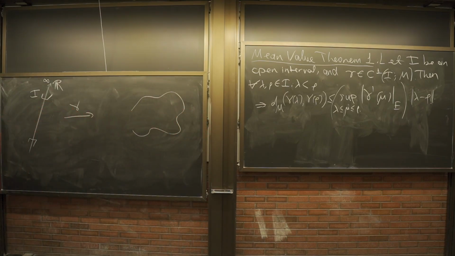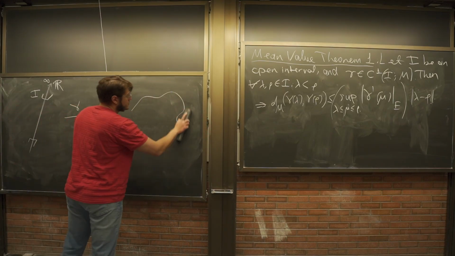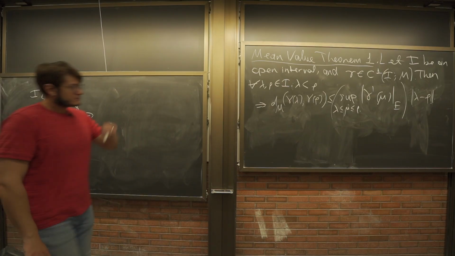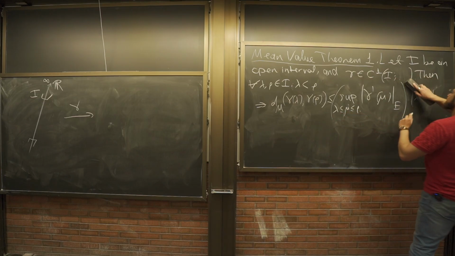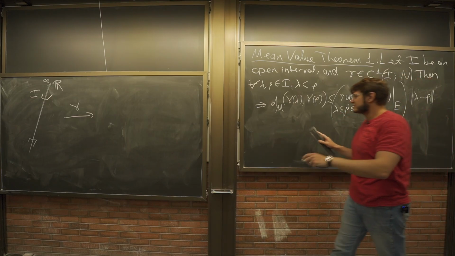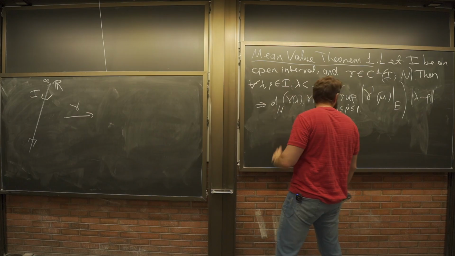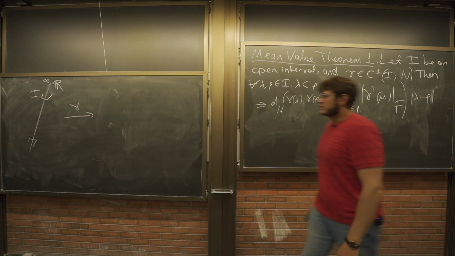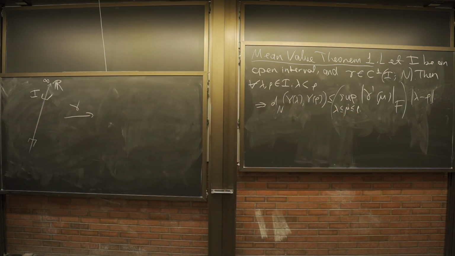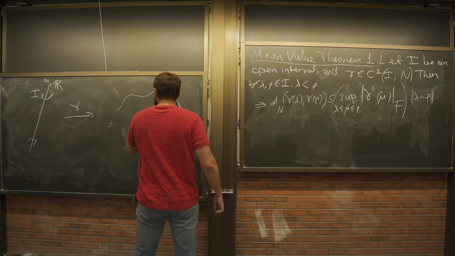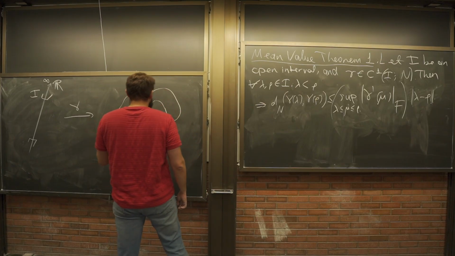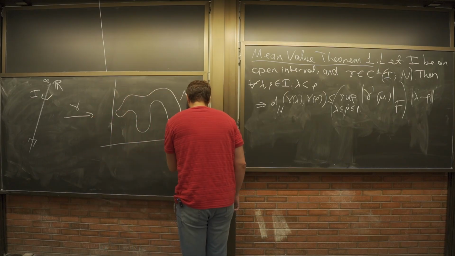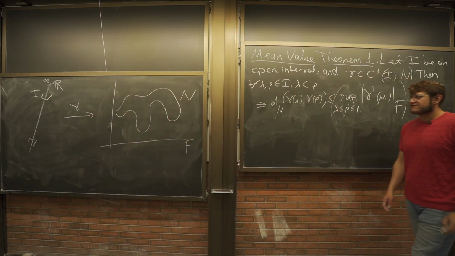Let me draw it like this. And in fact, let me put here N, because that's going to work better with the second mean value theorem, I think. And this should be F now. And so I have this blob N inside this normed space F.